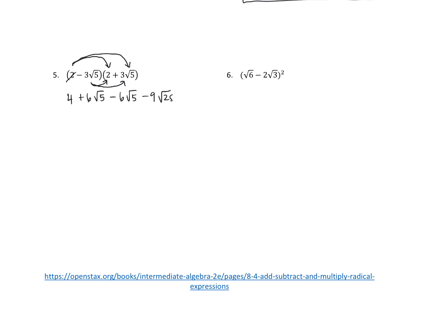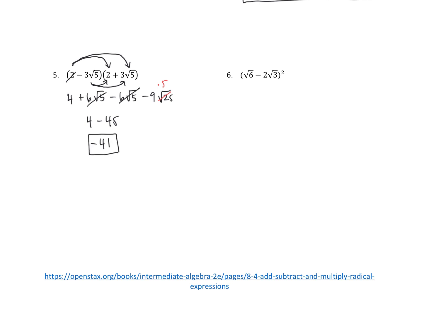Notice the 2 terms in the middle are like terms, so they're both square roots of 5. They're like radicals. And notice that they're opposites. We have a 6 minus 6. That's going to give us 0. So those cancel. The square root of 25 is 5. So I'm going to end up with 4 minus 45, which is negative, oops, not 44, negative 41.